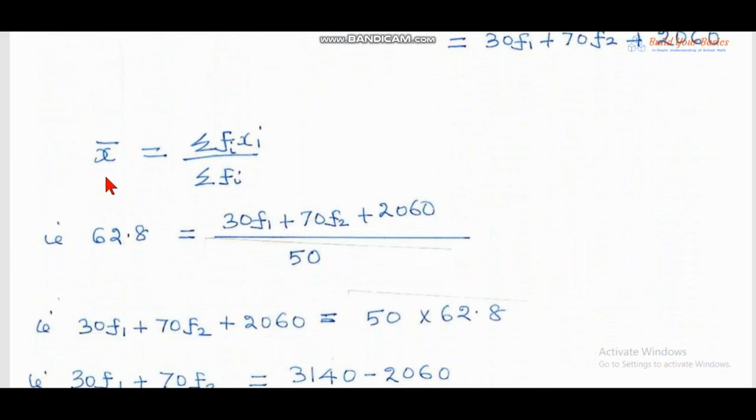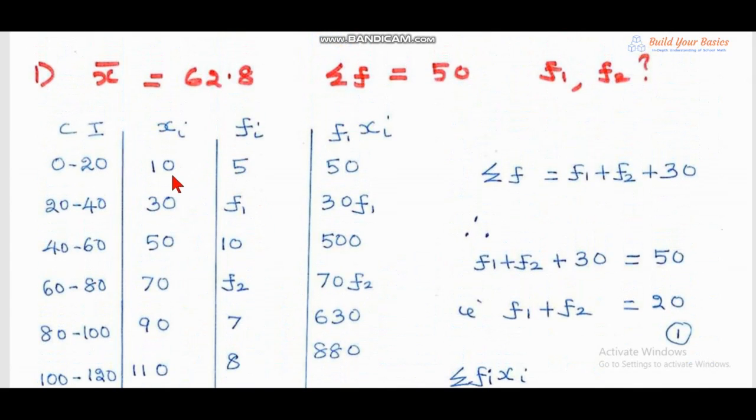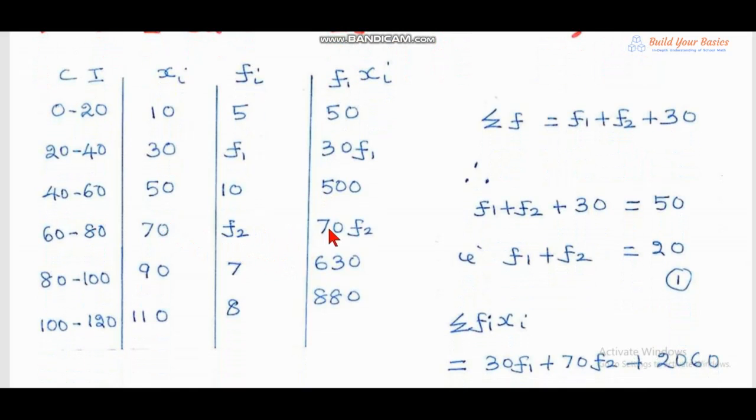The formula for mean x bar equal to sigma fi xi divided by sigma fi, or dropping out the suffixes, sigma fx by sigma f. So we have to find sigma fi xi. 10 into 5, 50. 30 into f1, 30 f1. 50 into 10, 500. 70 into f2, 70 f2. 90 into 7, 630. 110 into 8, 880.